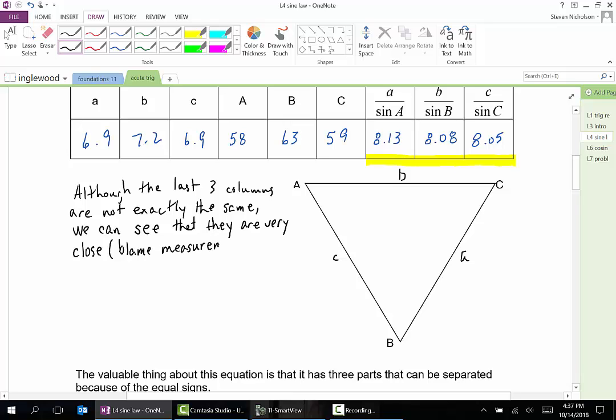So there's a really simple verification of that idea we looked at last day. There's a relationship between the sides and the sine of the angle opposite, and this is a nice tidy little formula, which is actually called the sine law.